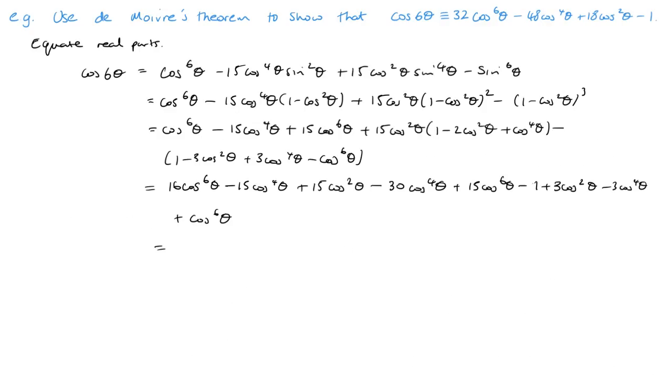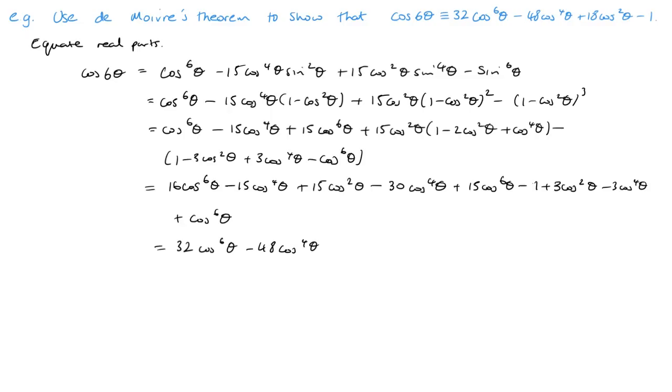Now simplifying this, so we've got 16 to the power 6 plus 15 and 16, so that is 32 cos to the 6 theta. We've got minus 15, these are the cos to the power 4s now, so minus 15, minus 30, that's minus 45, minus 3, so it's minus 48 cos to the 4 theta.